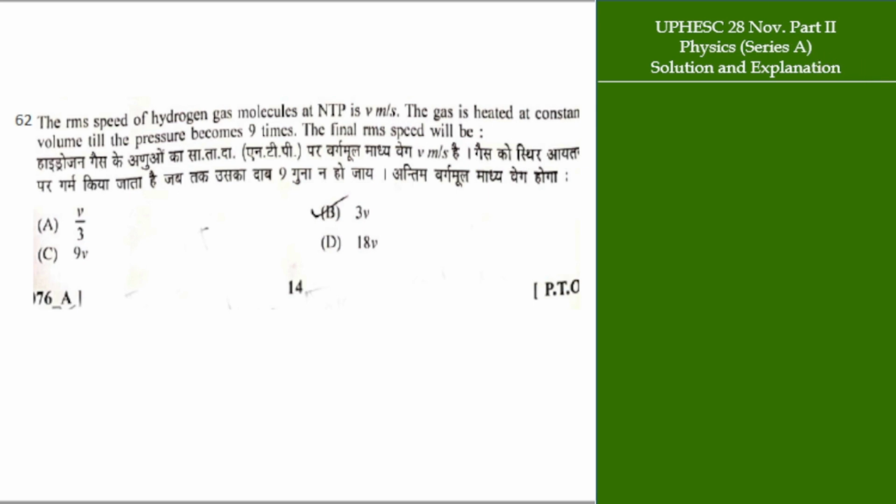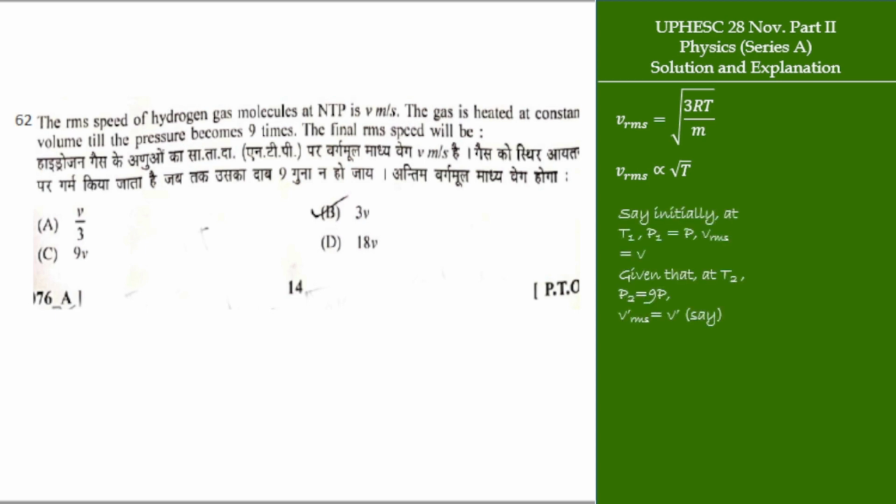To solve this problem, the formula for RMS speed is used, which equals the square root of 3RT divided by M. That implies that RMS speed is directly proportional to the square root of temperature. So initially, suppose at temperature T1, pressure P1 is equal to P and RMS speed is equal to V, which is given.